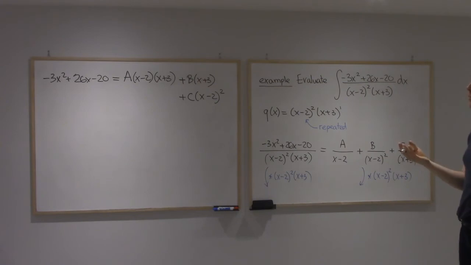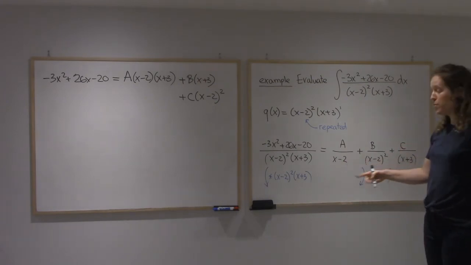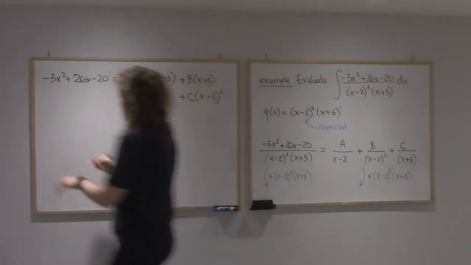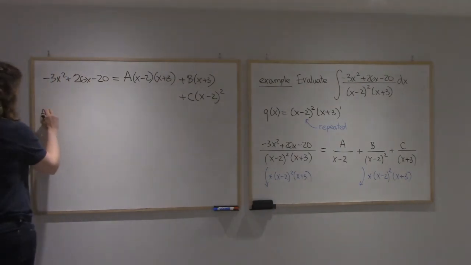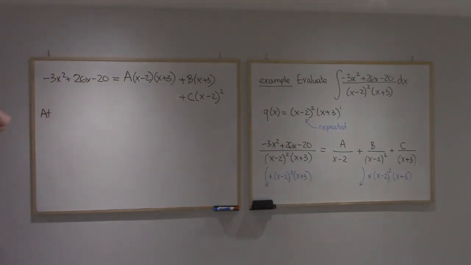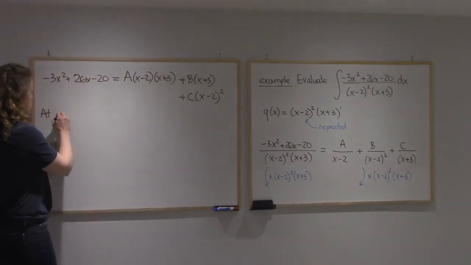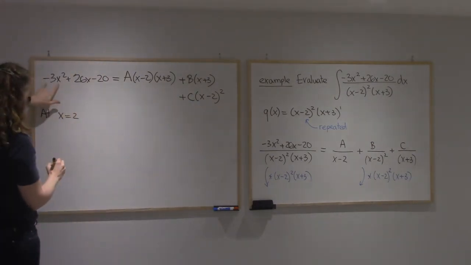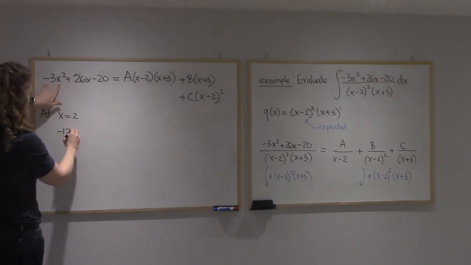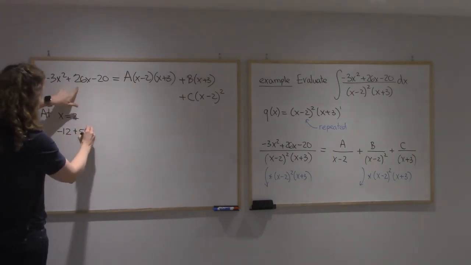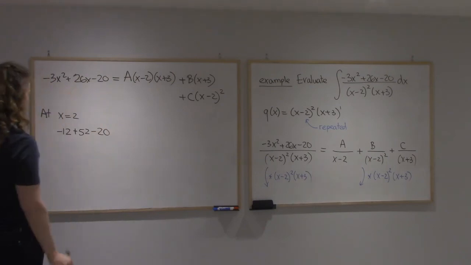At this point, I'm going to plug in values of x. We'll plug in 2. It's going to get rid of these two terms. So at x equals 2, I get minus 12 plus 52 minus 20.